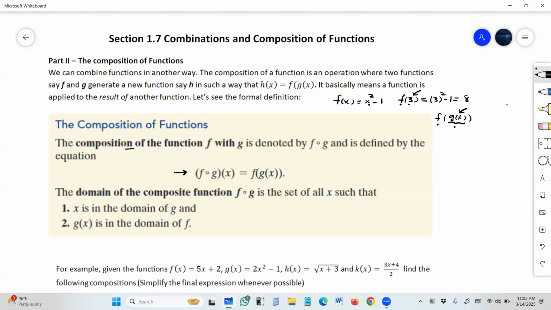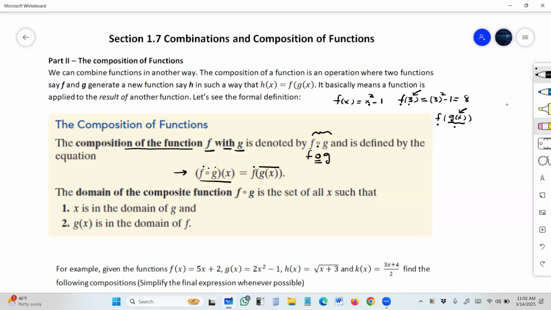We call it the composition of function f with g, and we represent it with this symbol, like a circle. We say f compose g, and f compose g is equal to f evaluated at g of x.